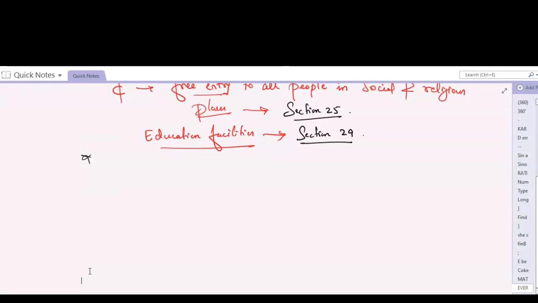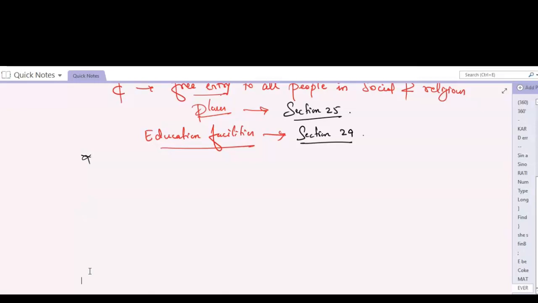Next question. What are the measures taken by the government to eradicate untouchability in India? Question is 3 marks, so you have to write the measures.